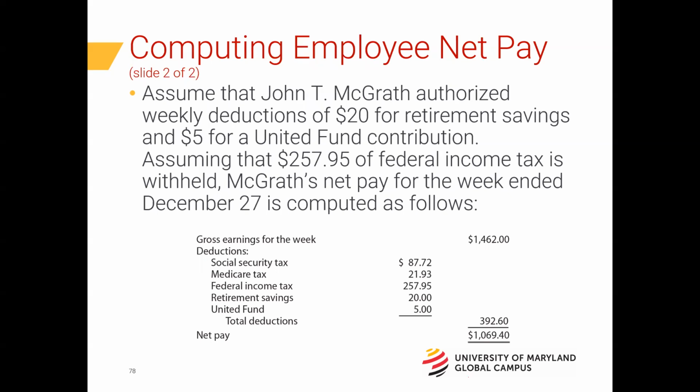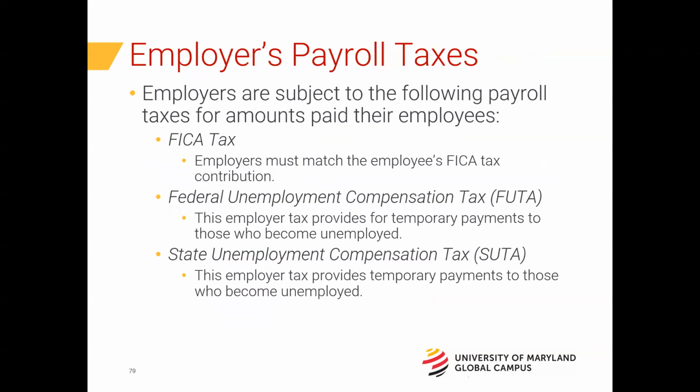Medicare $21.93. Federal income tax, they had to pay $257.95. They contributed to their retirement $20, and they donated $5 to United Fund. Their total deductions were $392.60. Gross minus total deductions equals net pay, $1,069.40. And that's how our payroll is calculated.